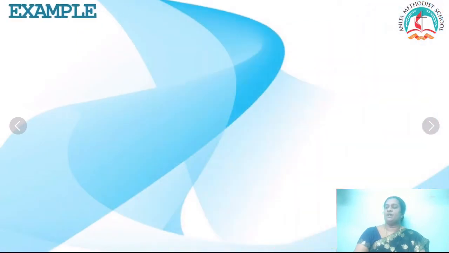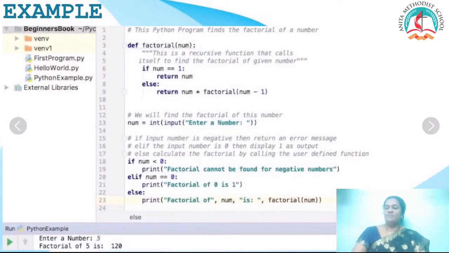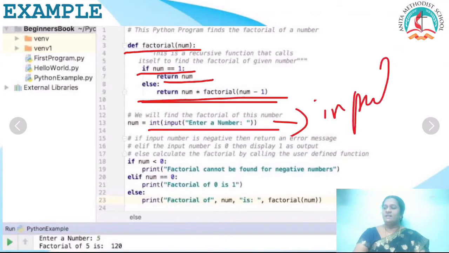Correct. Okay. Now we are going to see a small real-time example of how it works. See here, the same factorial. Okay, you have already learnt factorial in C++. If they are given a number, they return the number and then they find the factorial logic. So here where this input is done, the user is entering the data.